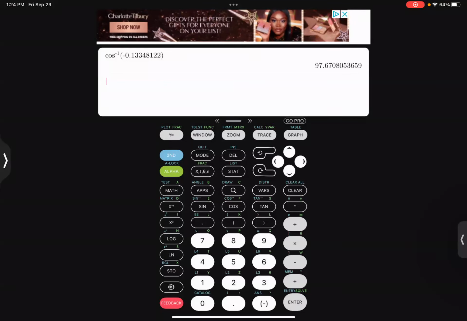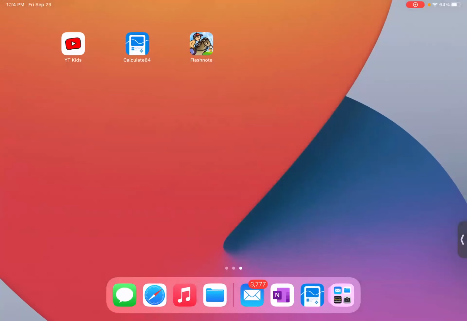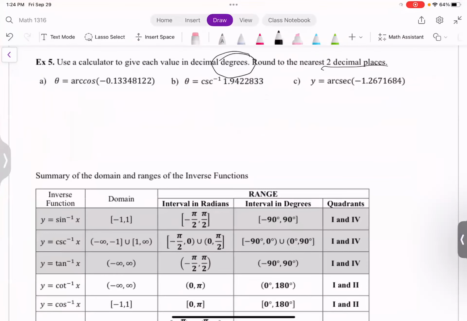Let me copy down on my scratch paper: 97.670805 something, and then round to 2 decimal places. So theta is about 97.67 degrees. This is in the degree mode.